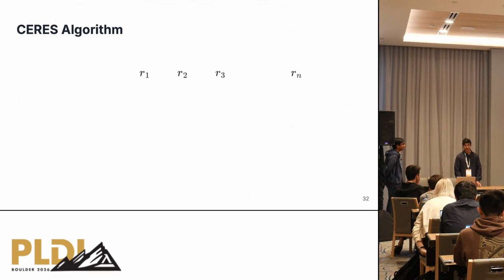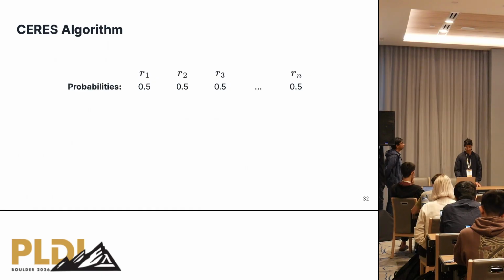We can use the cross-entropy method. So the cross-entropy method is an established technique for finding solutions to combinatorial optimization problems. And the algorithm goes like this. We start with all the rewrites which match, and we give each of them an initial probability of 0.5. We don't know if they're important or not important at the start.